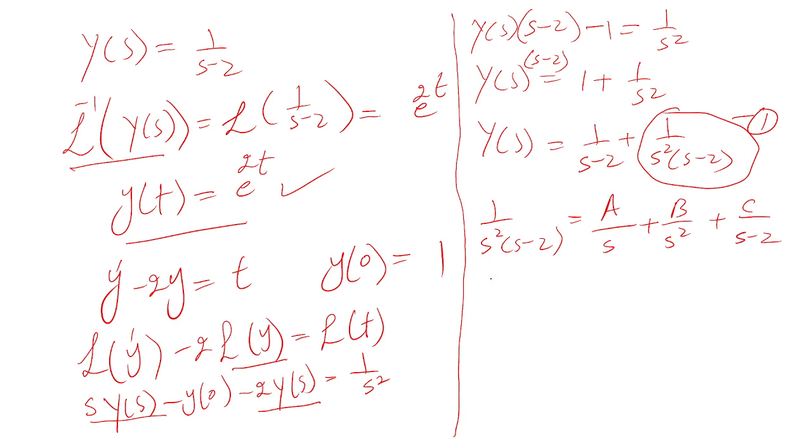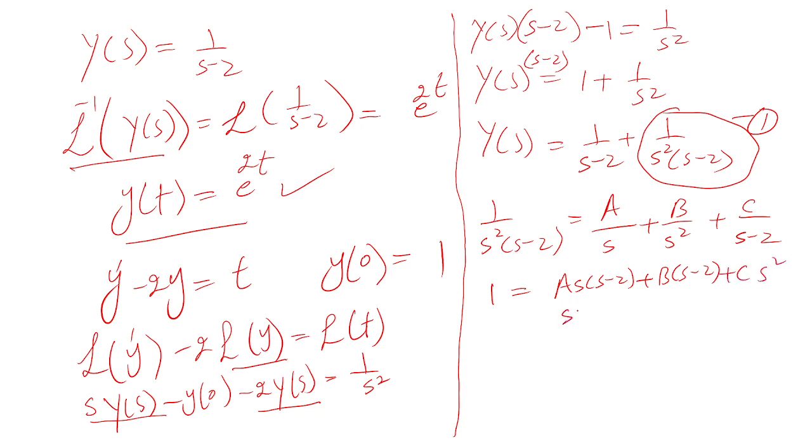So taking the LCM and multiplying this equation with the LCM, we get 1 equal to a s into s minus 2, b into s minus 2, and c s square.